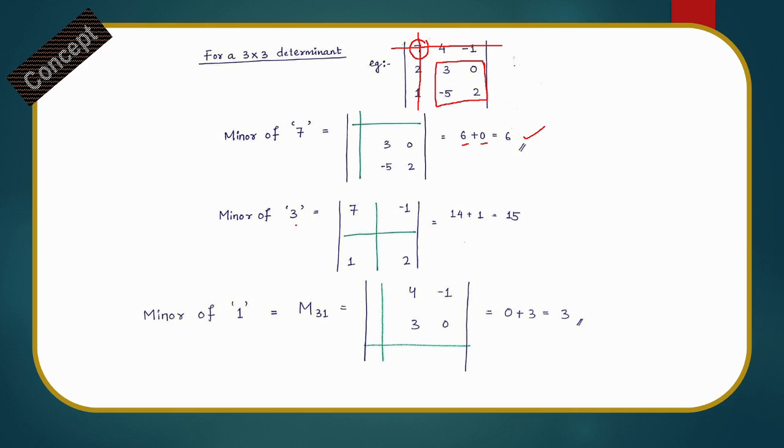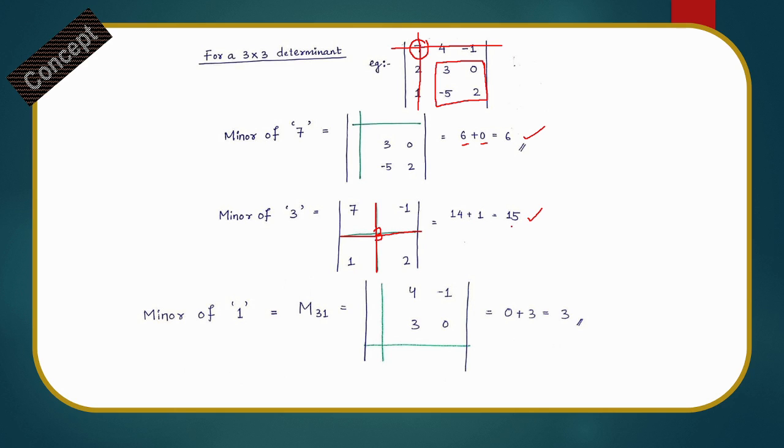Similarly, for the minor of 3, if you delete this column and this row, the remaining is 7, 2, 1, -1. If you calculate the determinant, 7 into 2 is 14, minus 1 into -1, so minus becomes plus, so it is 15.